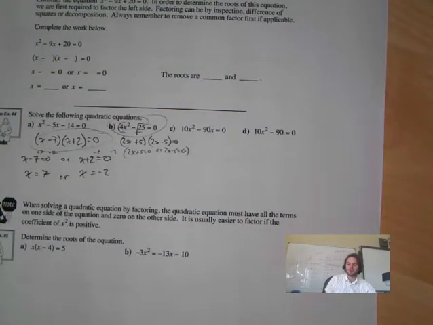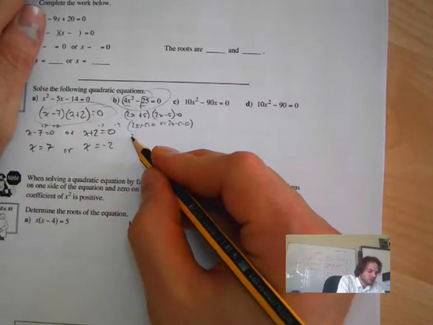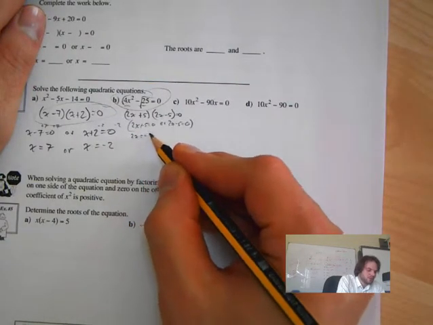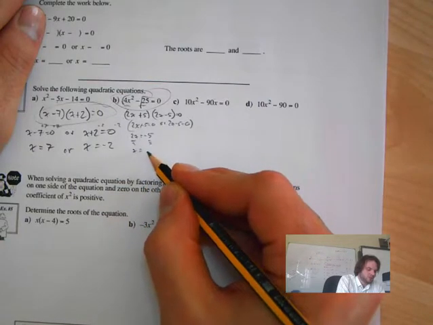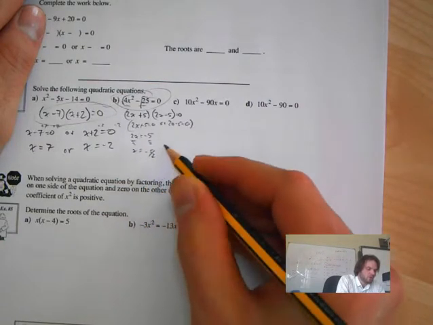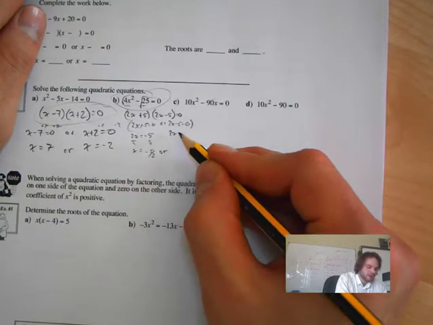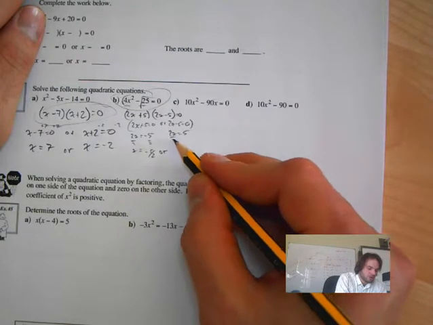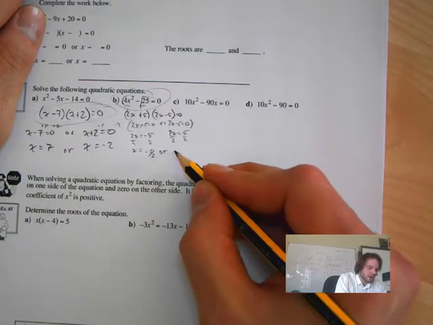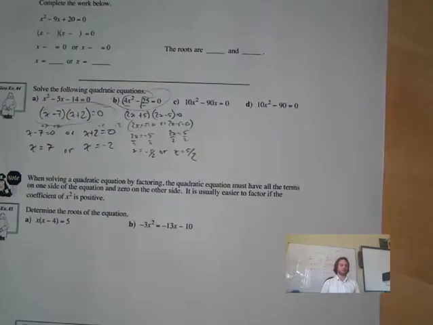Continuing, I get 2x is equal to negative 5. So divide by 2, x is equal to negative 5 over 2. Or my other one, 2x is equal to 5, divide by 2, x is equal to 5 over 2. So those are my two answers.